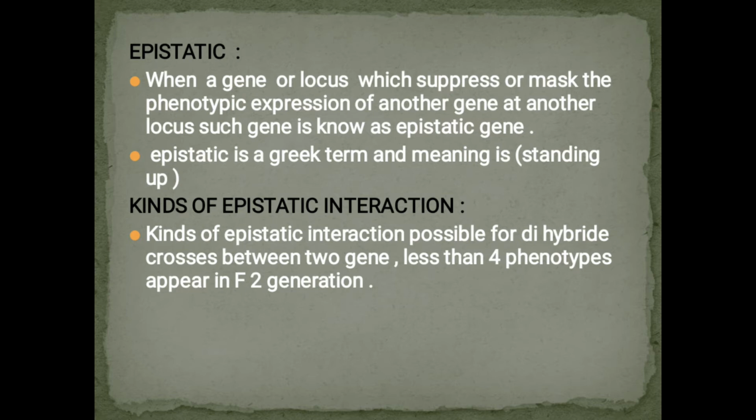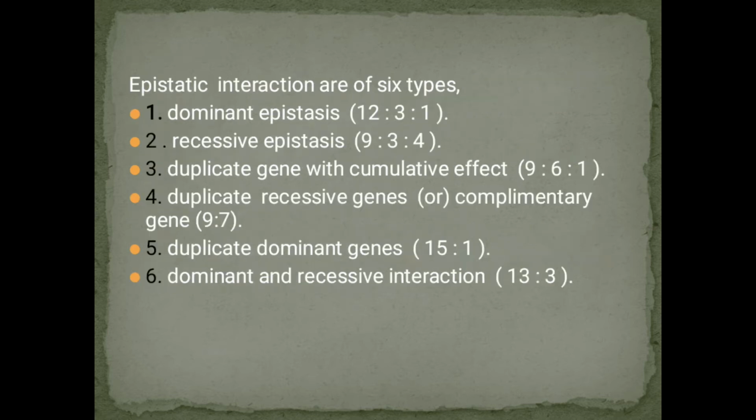Kinds of epistatic interaction possible for a dihybrid cross between two genes: fewer than 4 phenotypes appear in the F2 generation. Epistatic interactions are of 6 types.